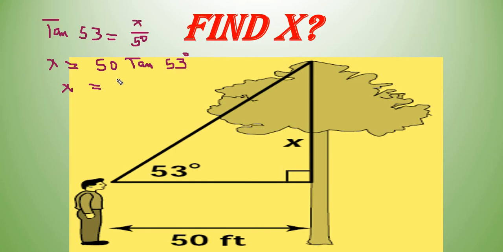By calculation, x equals 66.35 feet. This is the length between A and B in the right angled triangle, 66.35 feet.